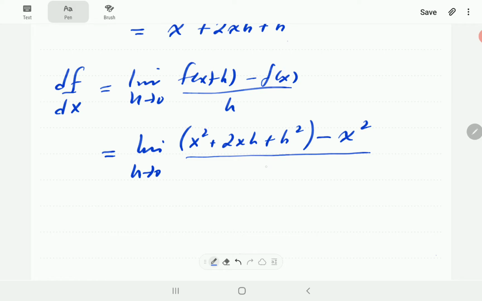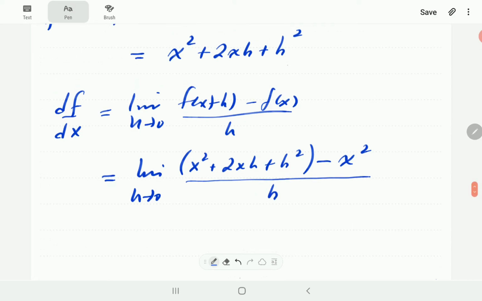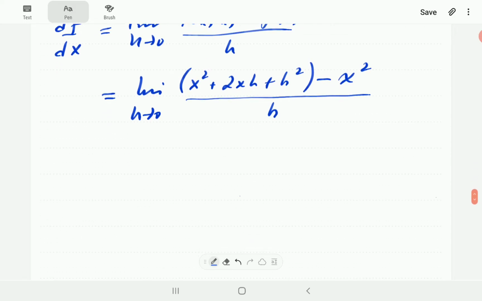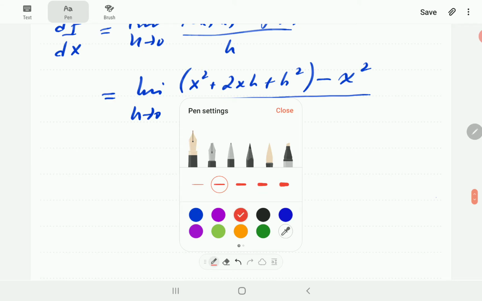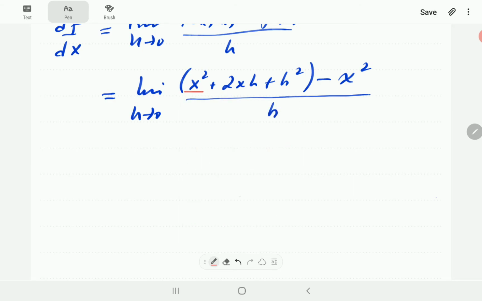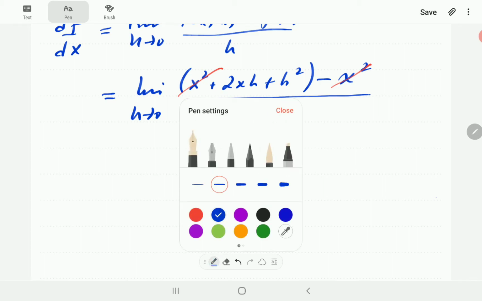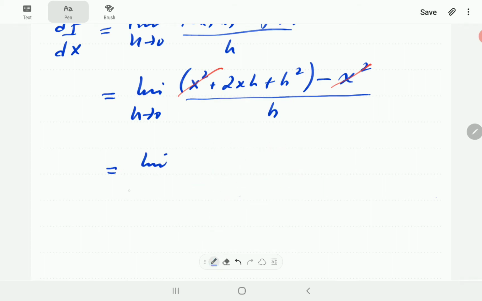Then this is all divided by h. If we remove brackets here, all that's going to happen really is the x squared is going to cancel out. So this is going to be the limit as h goes to 0 of 2xh plus h squared.